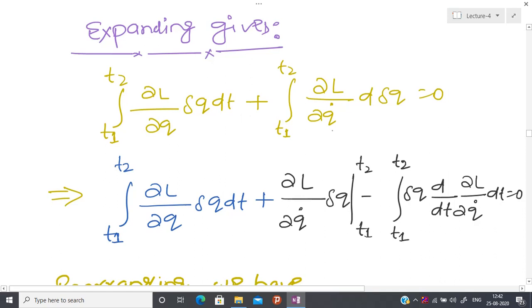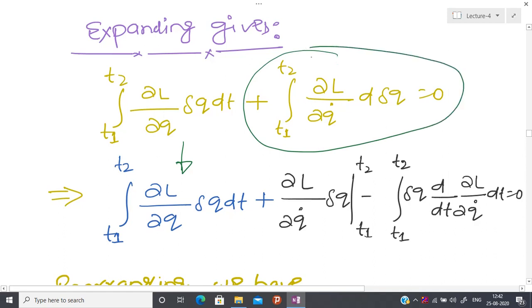I am able to rephrase it like this. And now you can see what I have done here: I am going to keep this part of the integral as it is, and here I am going to take the integral by parts.